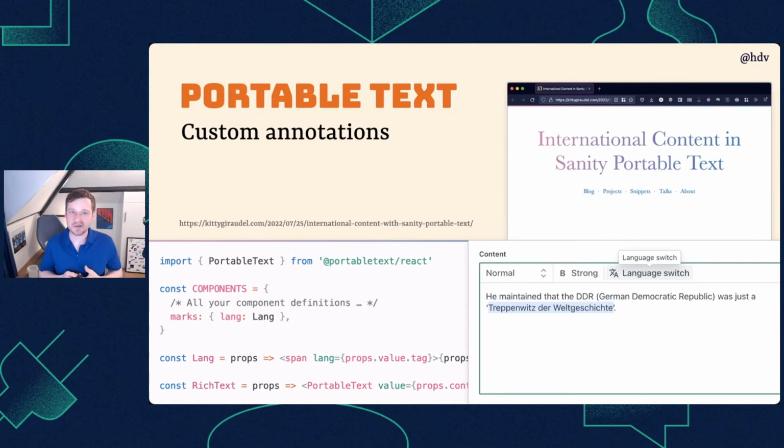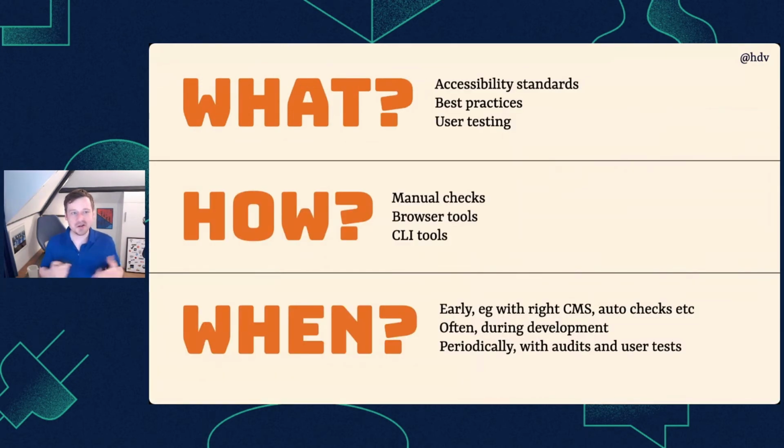So yeah, I think that's really cool, being able to customize in order to improve accessibility. All right, so we've looked at what accessibility is, how you can apply it with different tools, and when: preferably early with the right CMS, with automated checks often during your development, and periodically as well with audits and user tests and stuff like that.